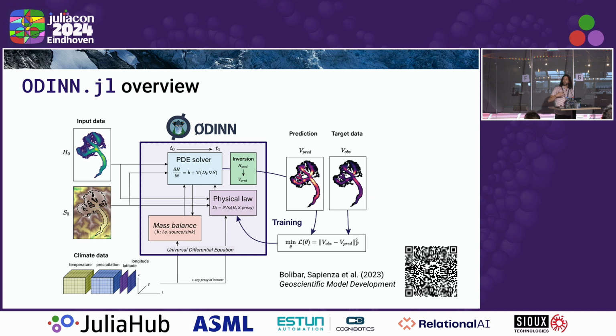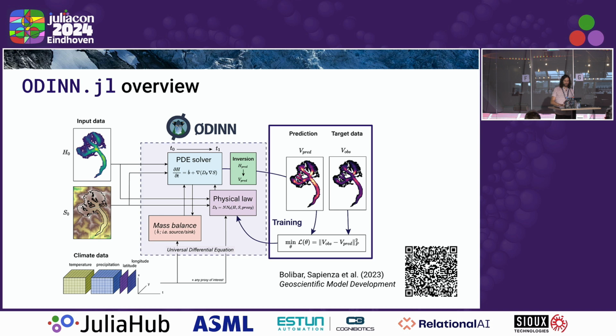For example, here it was the changes in the viscosity of the ice. And then we run this forward with a numerical solver until we hit some observations. We compute an error in the loss, and then we use this to optimize the parameters of the neural network iteratively until we fit the observations. So if you want the details, you can check the QR code there.